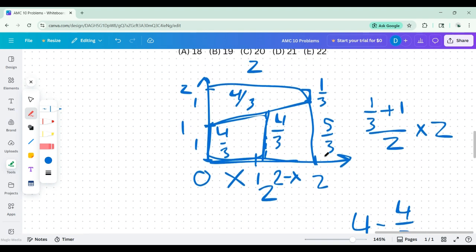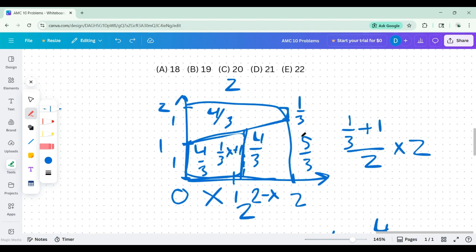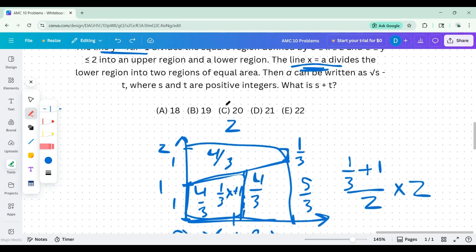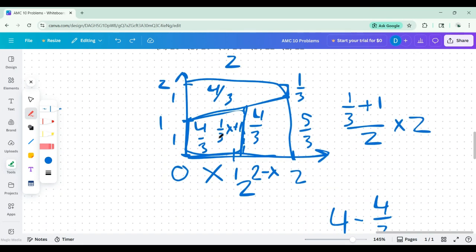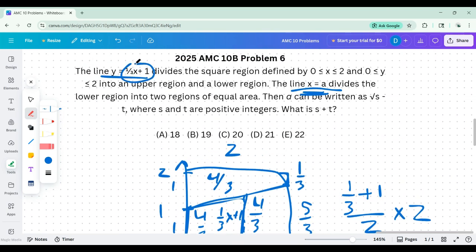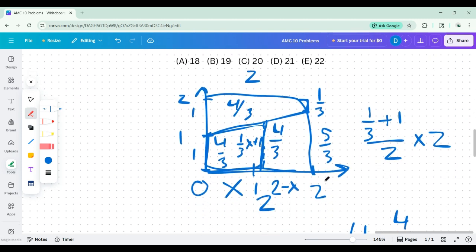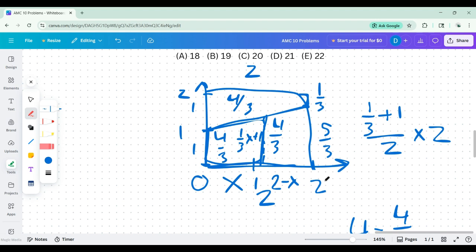And then we know that the other base of this trapezoid, the longer base, is 1/3 x plus 1, because we are essentially finding the y value for an x value of x, and we just plug it into this equation, and we have 1/3 x plus 1, because it is on the line. So we now know the remaining base for each of these trapezoids, and this will help us find what we're looking for.